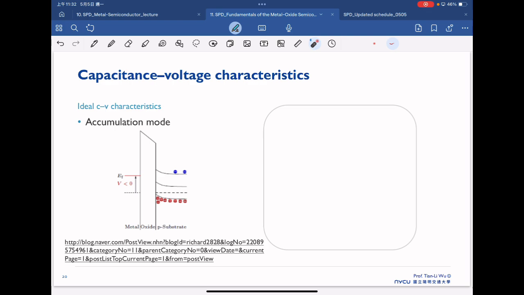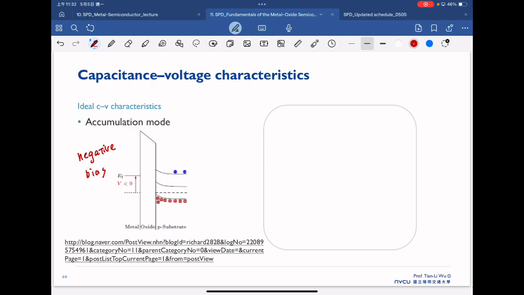In a junction there is a junction capacitance, and for sure we are interested in understanding the CV of the MOS capacitance as well. The first case we discuss is the accumulation mode, where we apply a negative bias.